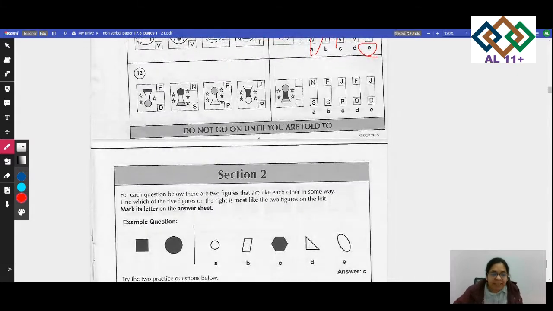Now, the last one in this section. Let's try doing the last one in this section. You're asking how to do it. In this one, you have to see what's happening to the shape again. If I look at F and J, I know it cannot be J because I need a circle on the top. Can you see it?